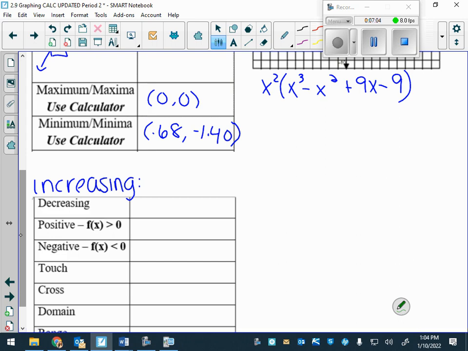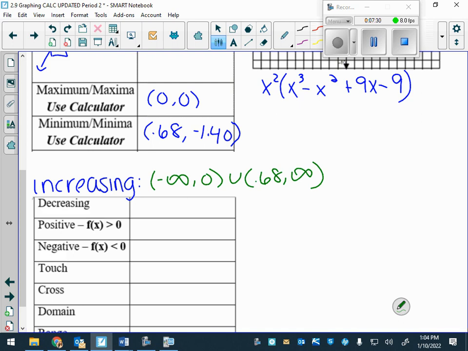All right. So where am I increasing? Cyan, where am I increasing? Yep. Perfect. Good. Okay. Where am I decreasing?